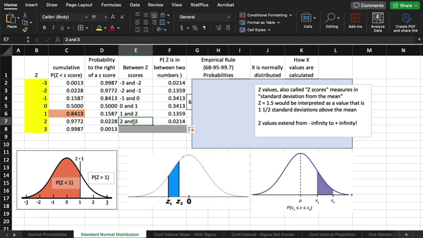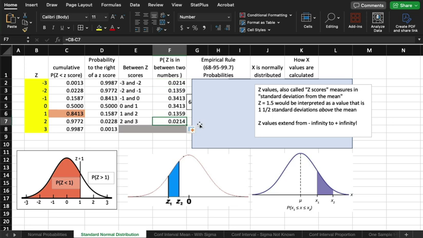The last thing we're calculating is between z equals +2 and z equals +3. You can see some of the symmetry happening here. These two numbers are exactly the same. When you go between -2 and -1, that's 0.1359, and that's exactly the same as between 1 and 2. That's 0.1359. So there's your symmetry.